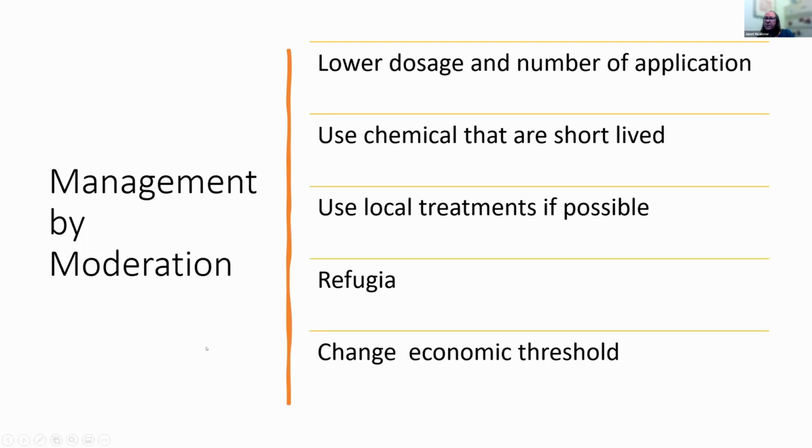There is management by moderation, and just like the title of this management strategy, it's using lower doses and using fewer applications so that you're not putting a lot of pressure on your population. It's using chemicals that are short-lived in the environment. And I realize that we across the globe are dealing with different biologies.